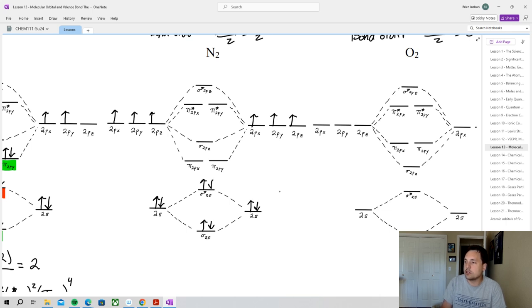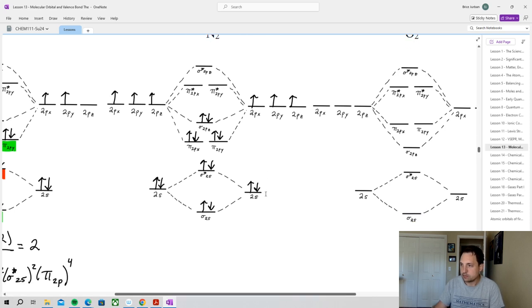So 2 of the electrons are going to go down here, 2 up there, and then at this point we can fill up the degenerate pi 2p orbitals, and then we have 2 electrons left over, which will go into a stabilizing sigma 2pz molecular orbital.